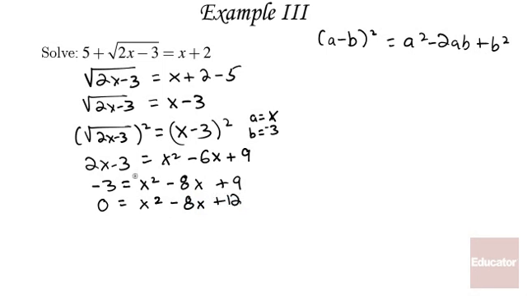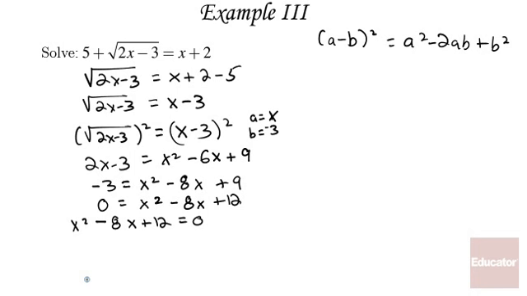Okay, I'm going to go ahead and rewrite this with the trinomial on the left, and the 0 on the right, more in standard form. Next thing I need to do is solve. So I've gotten rid of the radical. So now I'm just solving this trinomial. I need to solve for x.